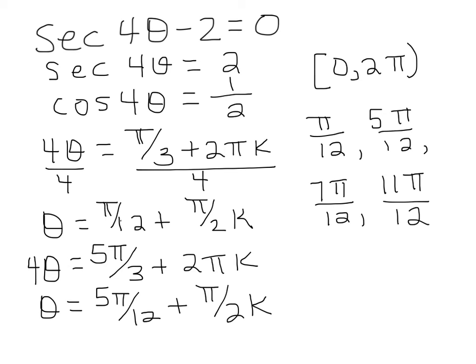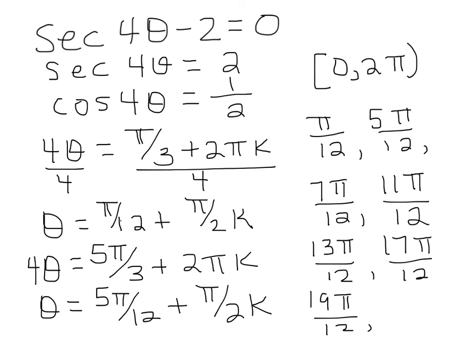I add another pi halves to 7 pi over 12. I get 13 pi over 12. I add another pi halves to 11 pi over 12. I get 17 pi over 12. I keep in mind that as soon as I get to 24 pi over 12, that's going to be too big because that's 2 pi, but I can add one more pi half to each one.